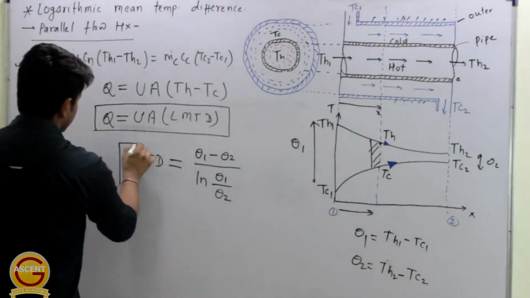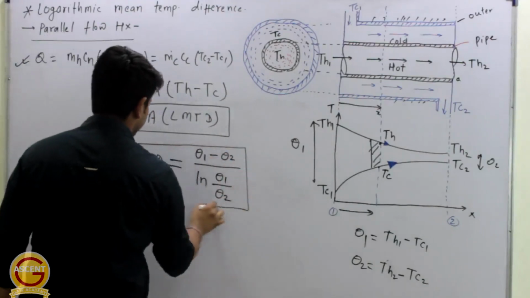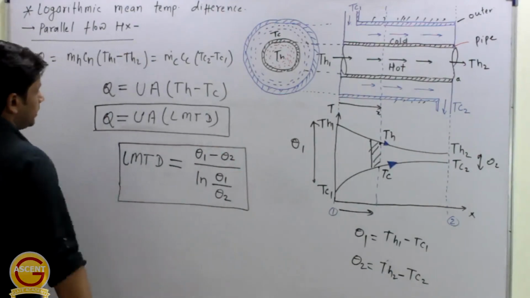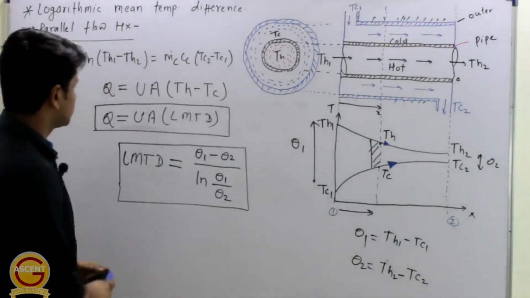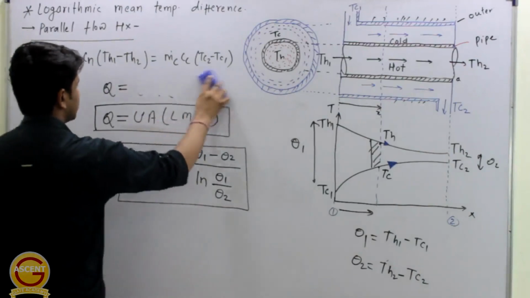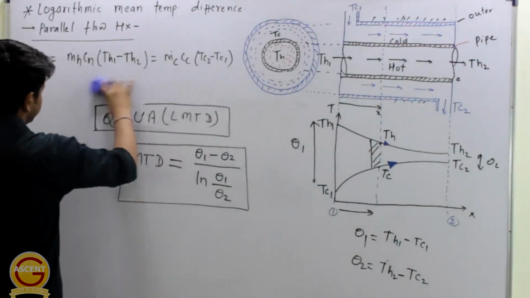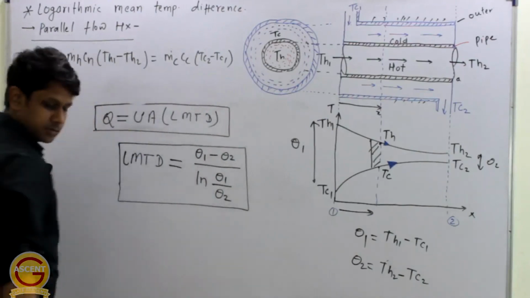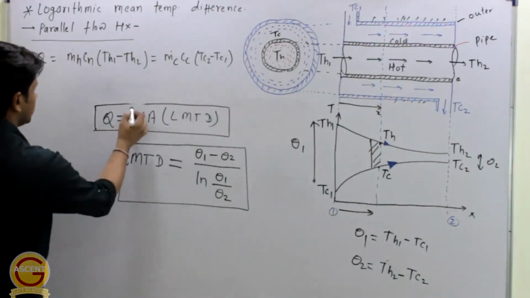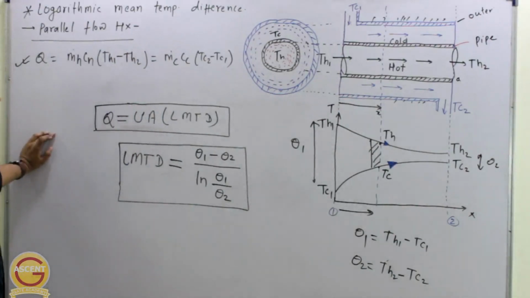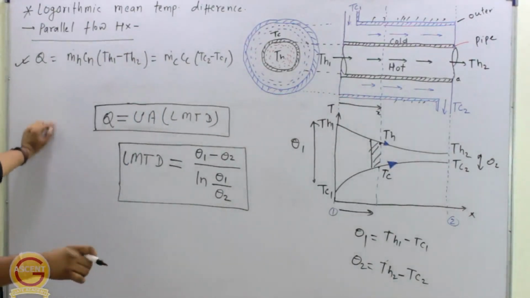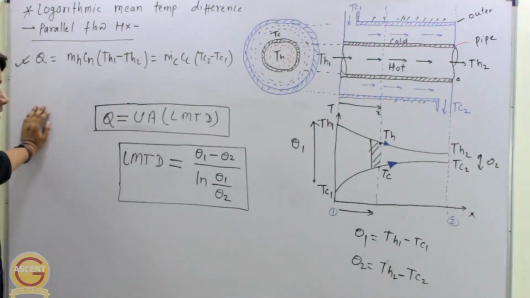So you have to remember this. And believe me, whatever equations you are seeing on the board, so let's remove this TH minus TC1. These three equations, using these three equations only, you will be able to solve each and every question on heat exchangers that is based on the LMTD method, right?